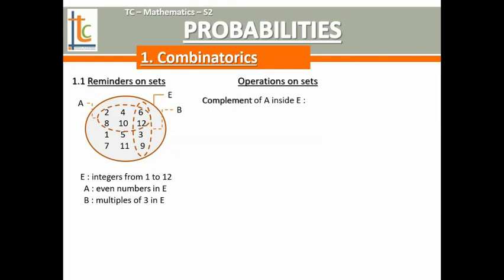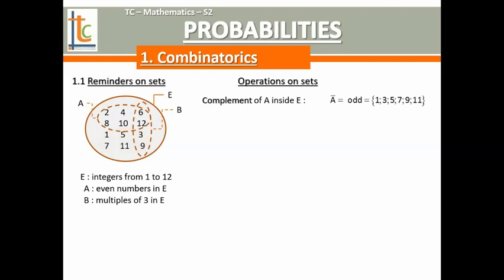Now, let's define operations between A and B. The first one is the complement of one single subset, the complement of A inside E. The complement of A is written A bar, and it's the set that contains all the elements that weren't in A. So if A contains the even numbers, A bar contains here the odd numbers.